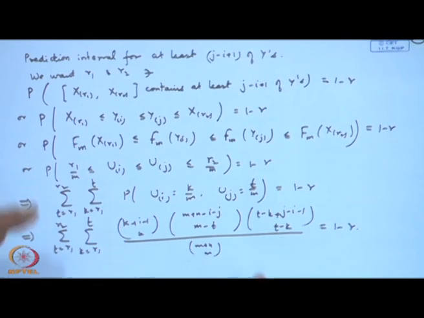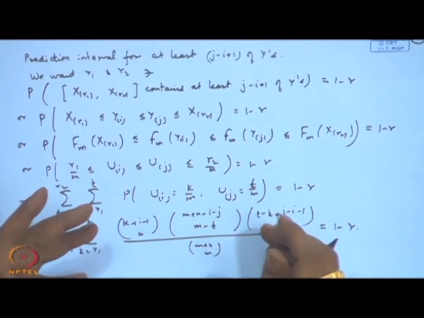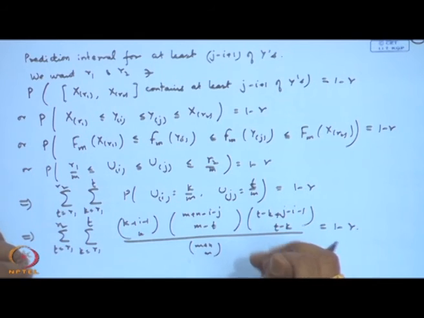So, this is the bivariate hypergeometric type of term here, and once again from the tables of factorials or the tables of bivariate hypergeometric, this can be evaluated.